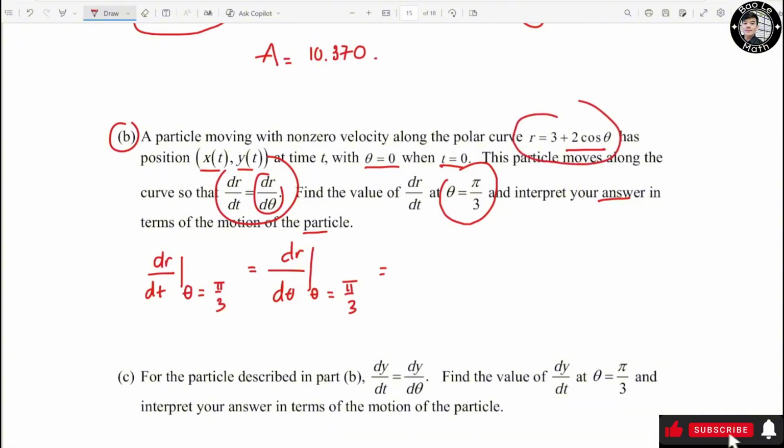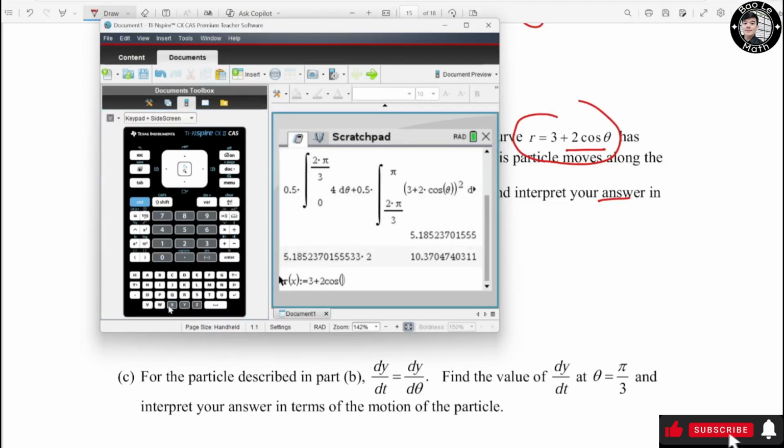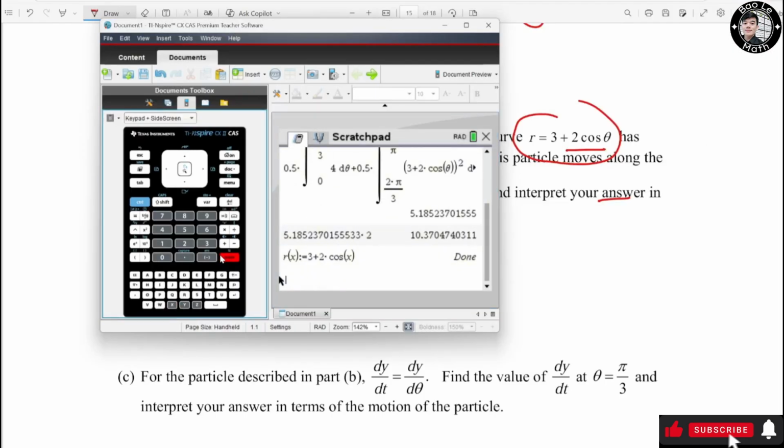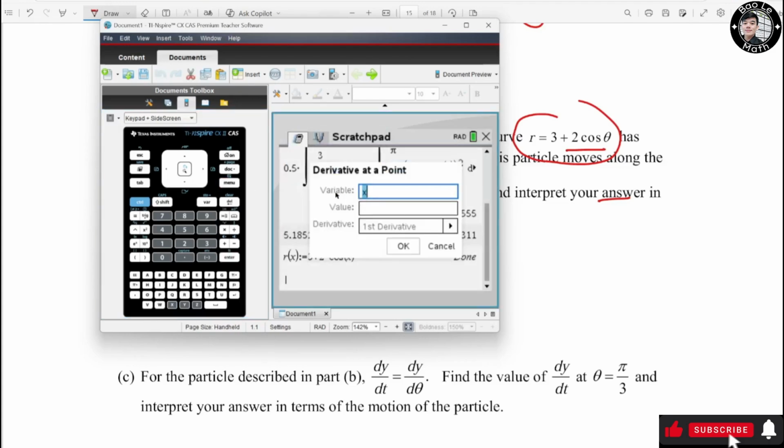We're gonna bring up the calculator. We need to store the function in x. Press enter. Alright, now press menu, calculus, derivative at the point right here, variable x. The value is pi over 3, so press pi divided by 3.